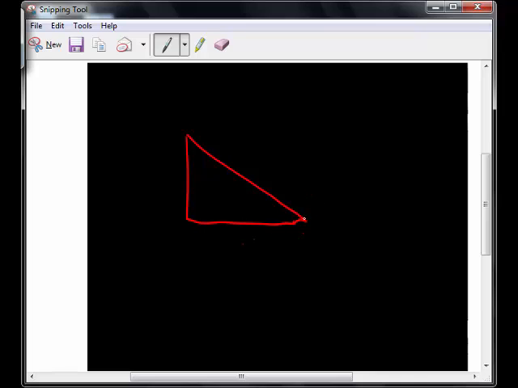So angle A and side A, angle B and side B, angle C and side C. Angle B, I'm going to change that to the number 61.4 degrees.